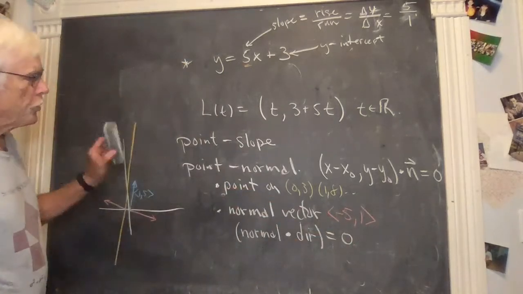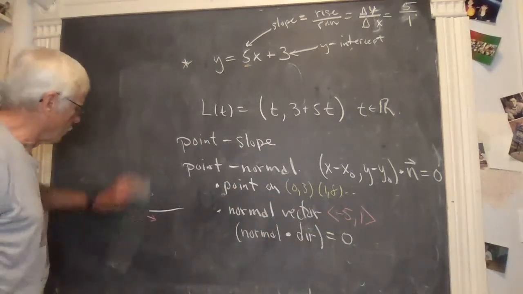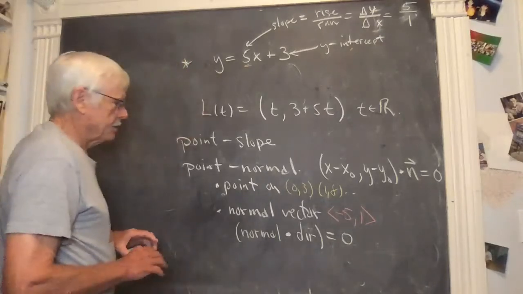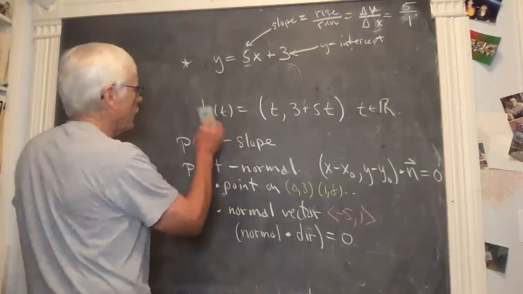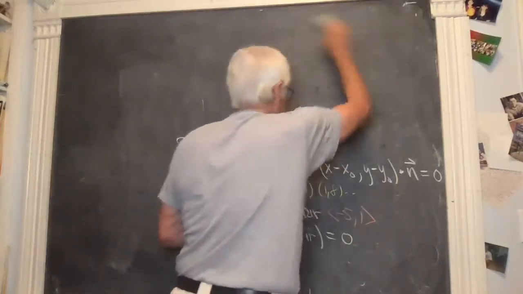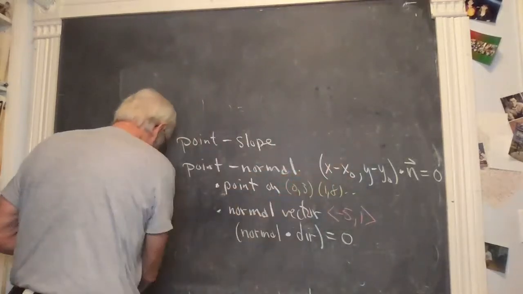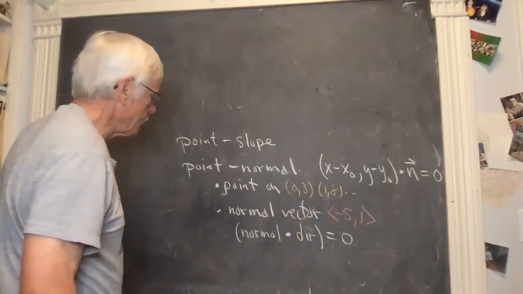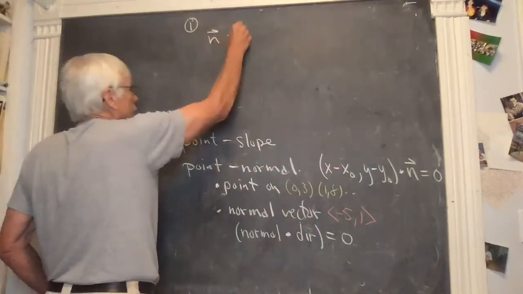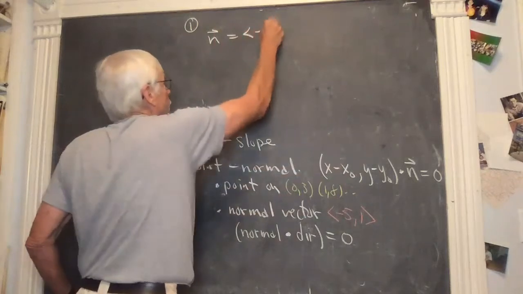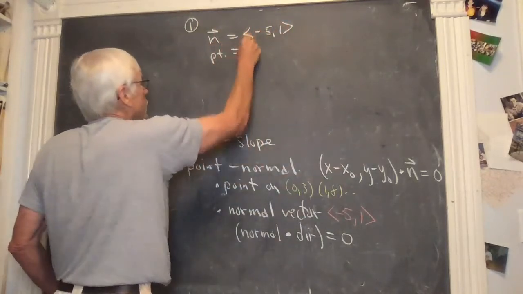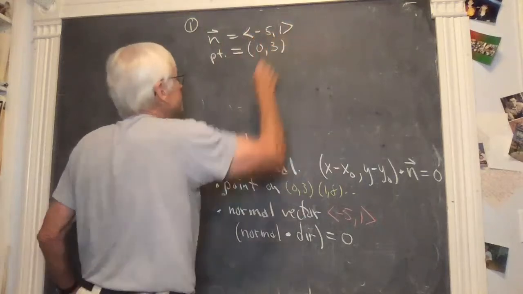And now once you do that, then you can write down the point normal form. And so let's see, I'm going to erase this stuff up here. So for our first case, let's take n to be -5, 1. And let's take the point to be equal to 0, 3.